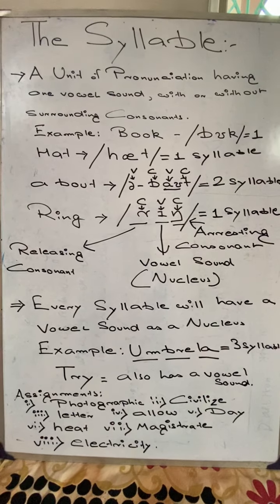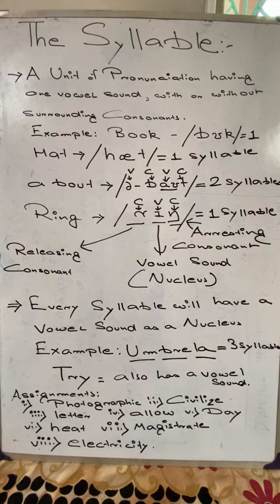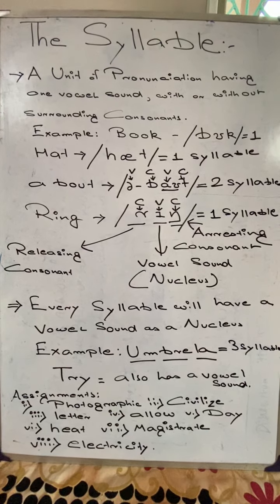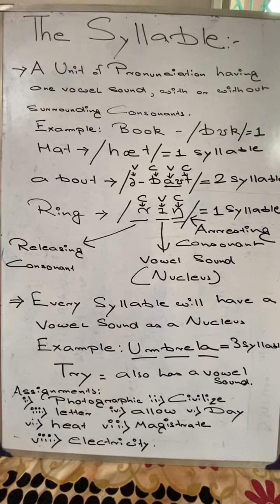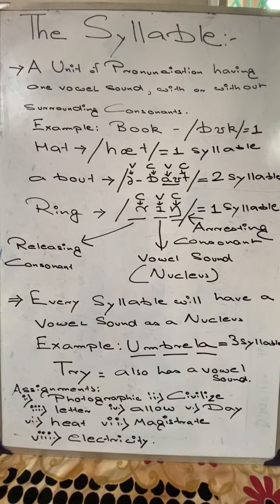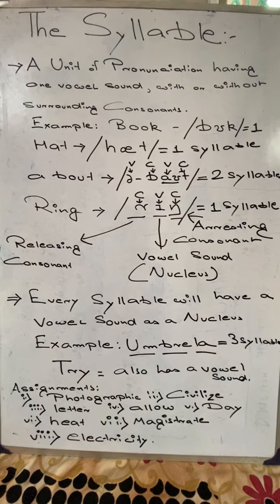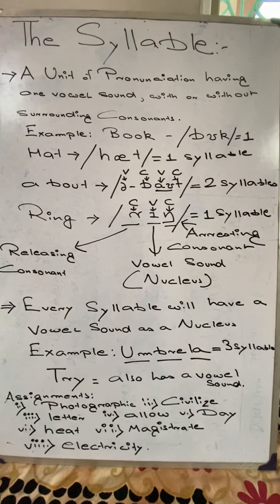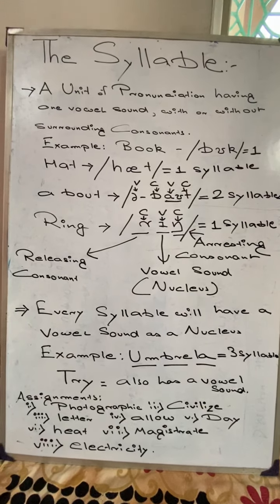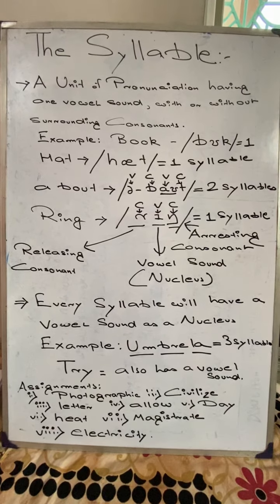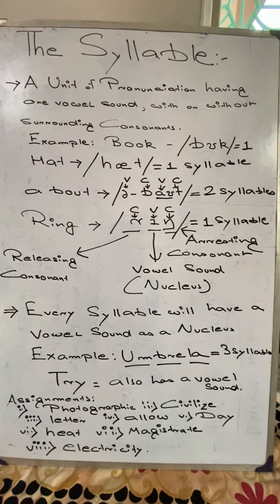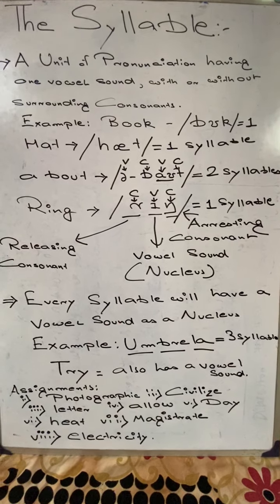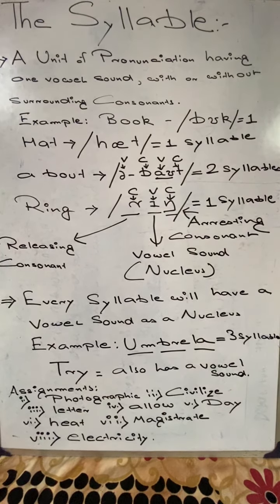So what is a syllable? The syllable is the unit of pronunciation having one vowel sound with or without surrounding consonants.